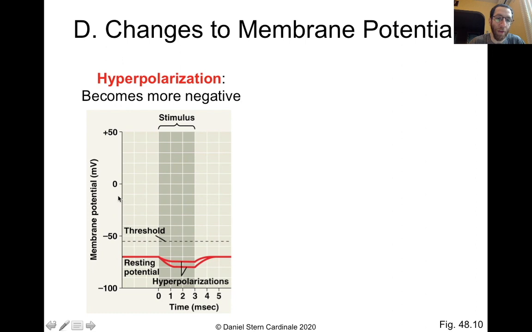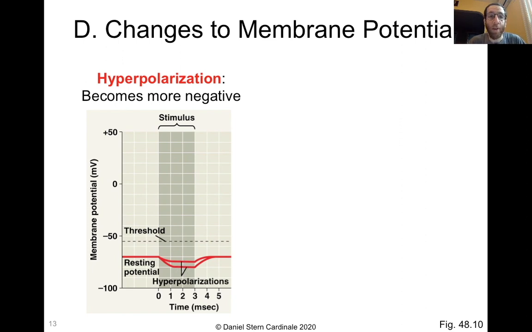We got plus 50, 0, negative 50, negative 100, and the red represents the actual membrane potential. Right here at the left side, it is the resting potential of about negative 70, and then any change from that makes it more negative, further from zero, that is called a hyperpolarization. So in this example, it hyperpolarizes from negative 70 down to about negative 75 or negative 80 millivolts.